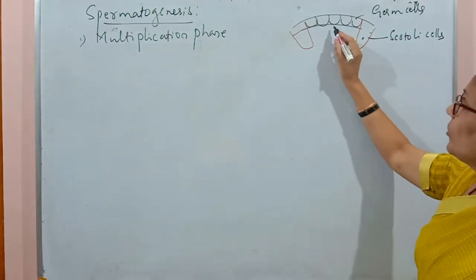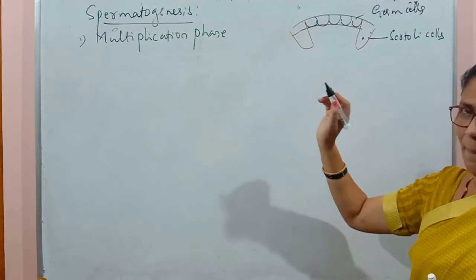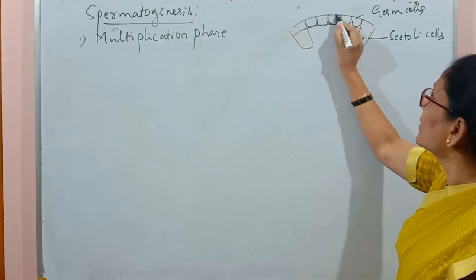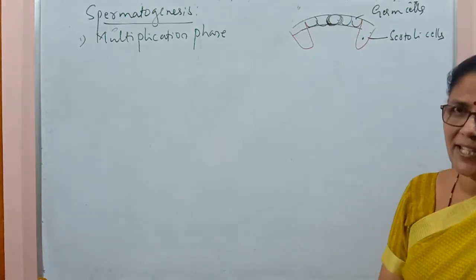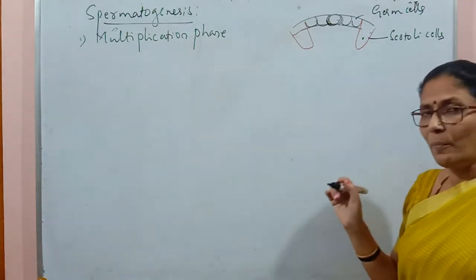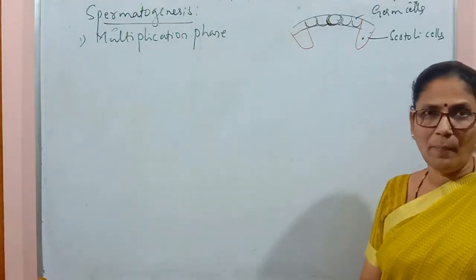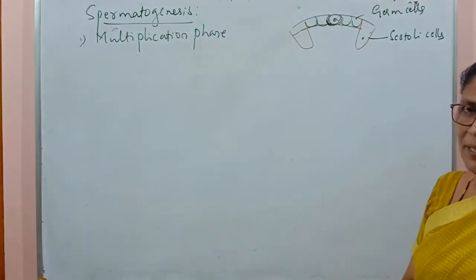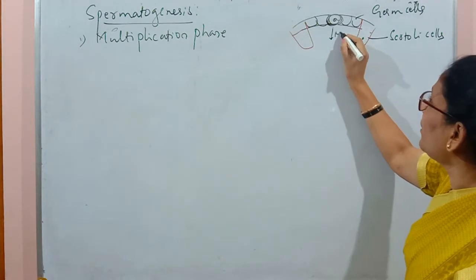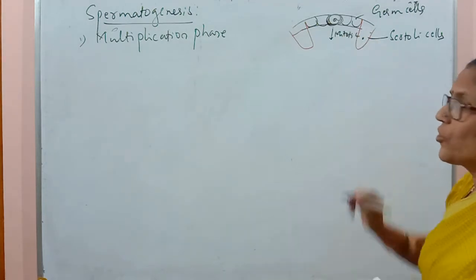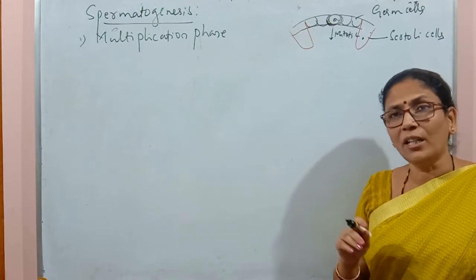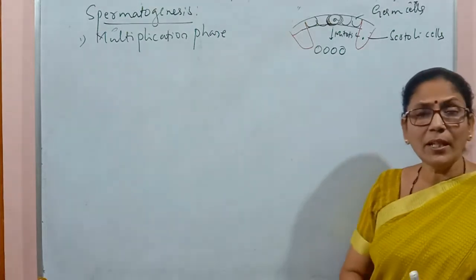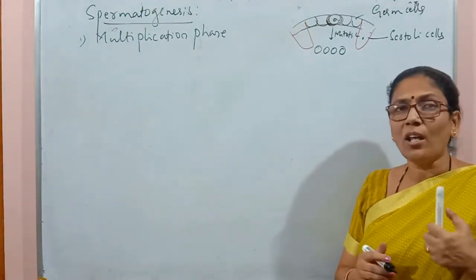I am going to take one cell for example, because the same process is observed in every cell. By taking one germ cell, I am going to explain the process of spermatogenesis, starting with the first phase, the multiplication phase. This is one germ cell of the germinal epithelium which undergoes repeated mitotic division and produces many daughter cells which are diploid.